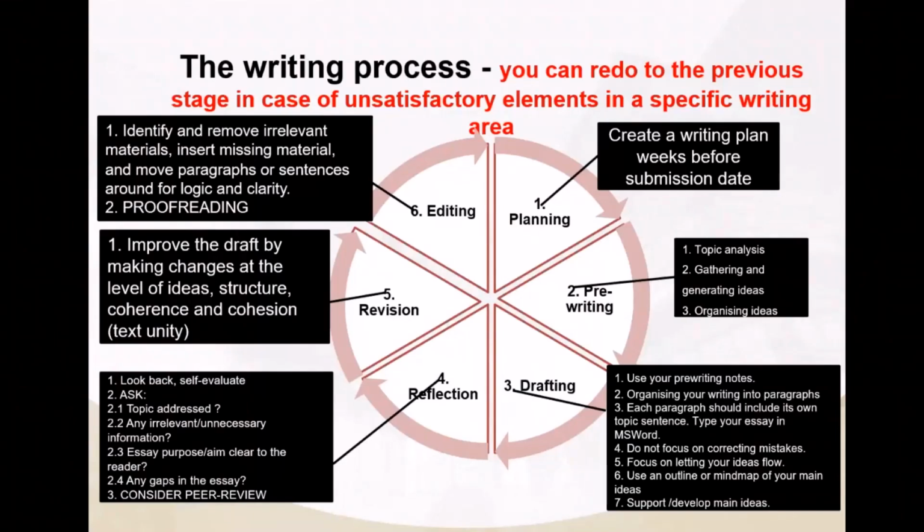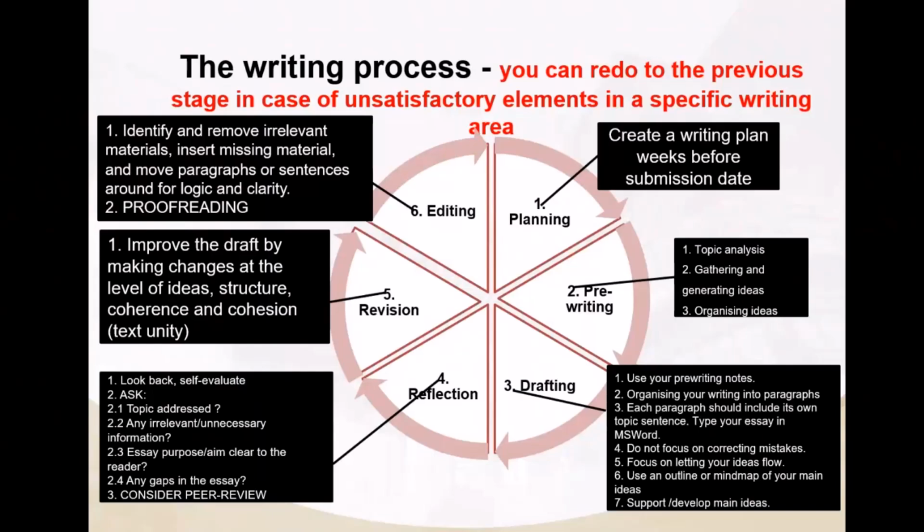If you look at stage 2 in the writing process, it is pre-writing. It's before you write. You've planned, you've arranged your time quite well, and you now do some things before you actually write. You have a topic. What do you do with the topic? You analyze that topic. If you look at pre-writing, these are the things that you do before you actually write a draft. You analyze the topic. This will help you to understand what you are required to do.